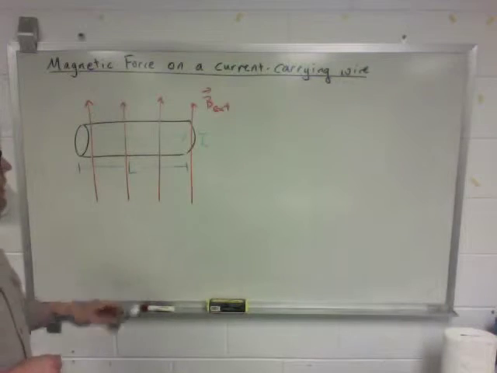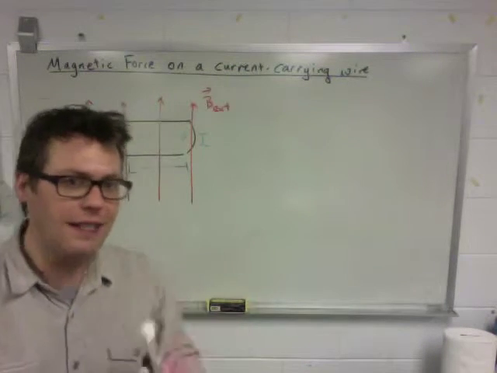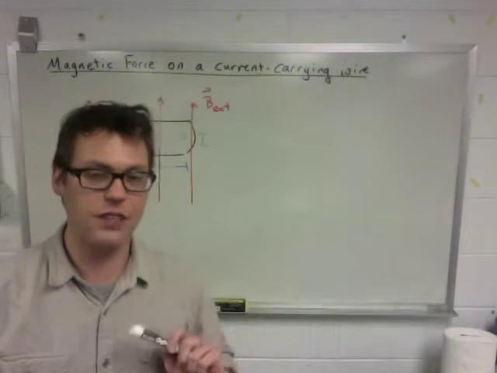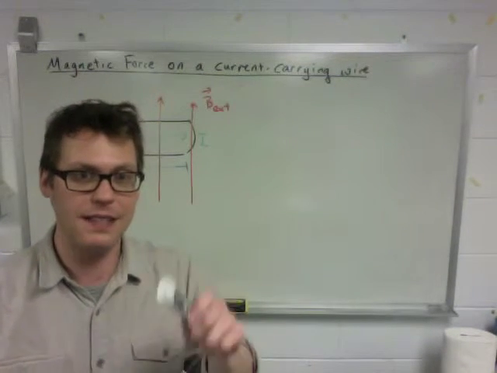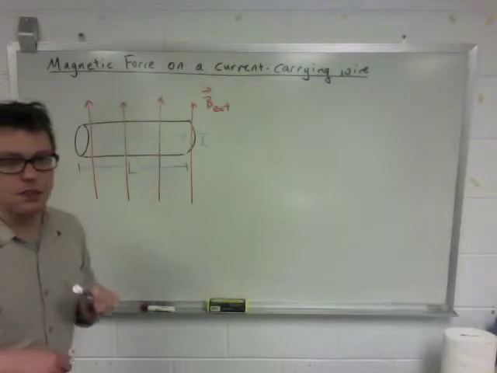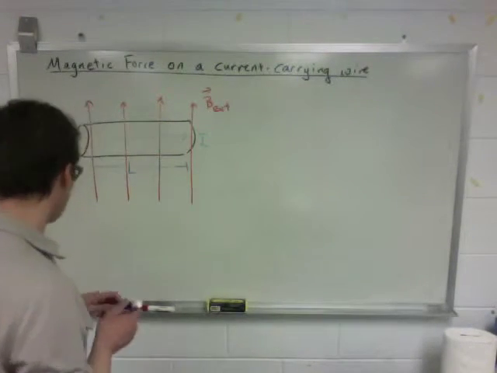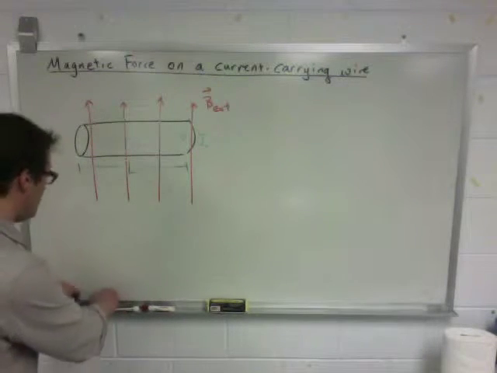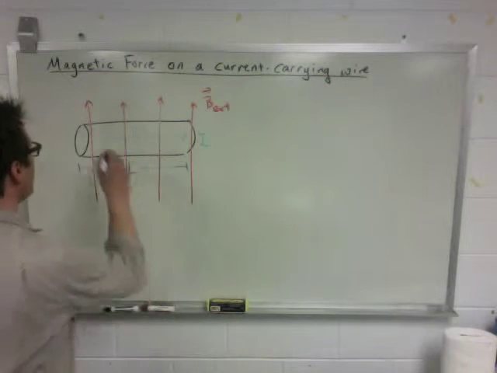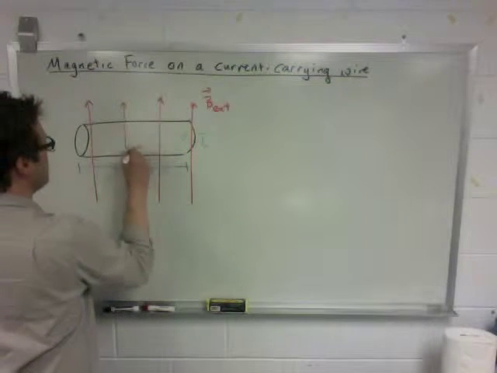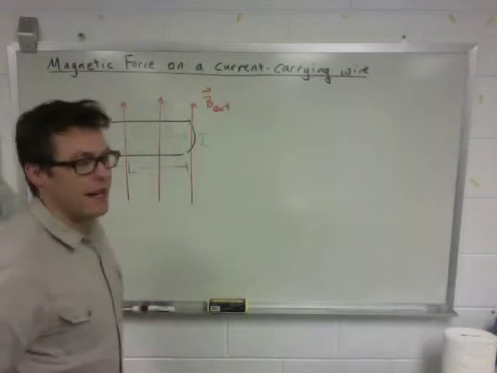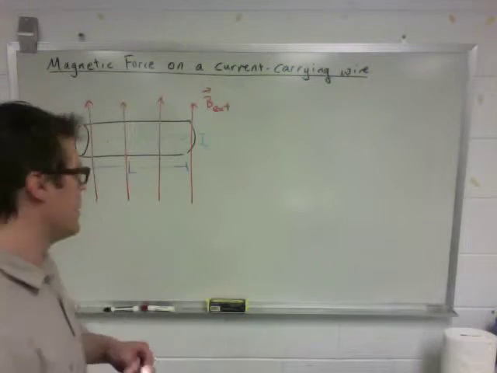Now, what is the magnitude of that force going to be? Well, that's not as easy, right? I mean, we know a formula for the force felt by a charge q moving in a magnetic field. It's qvB sine theta, right? How do we adapt that formula to work for a wire? Well, again, you can think of the current in a wire as being carried by a bunch of little point charges that are zipping around and making their way down the conductor, right?